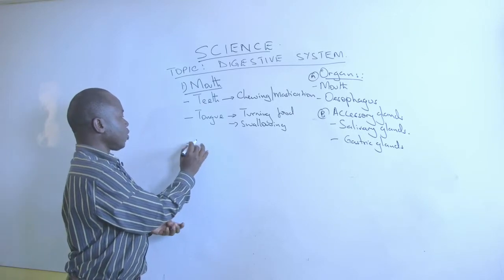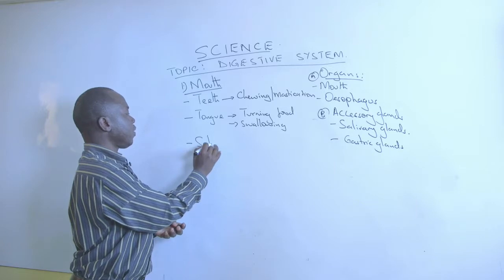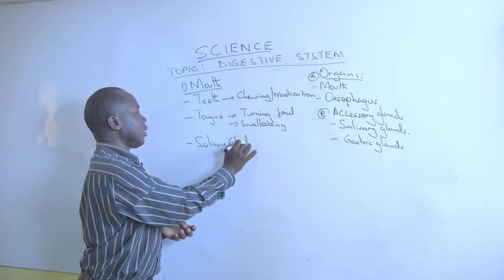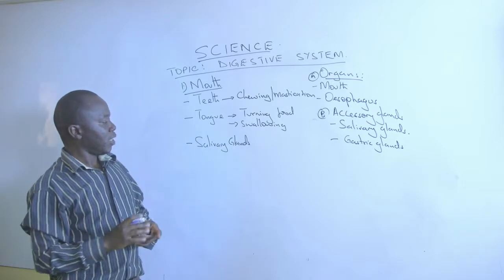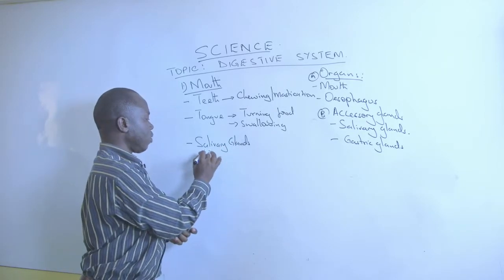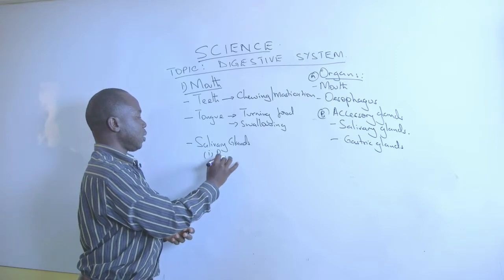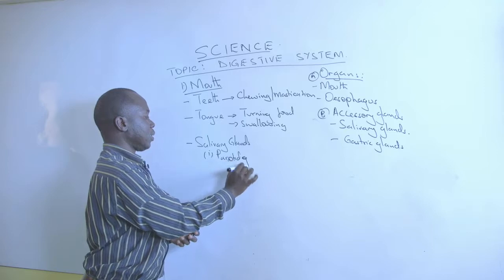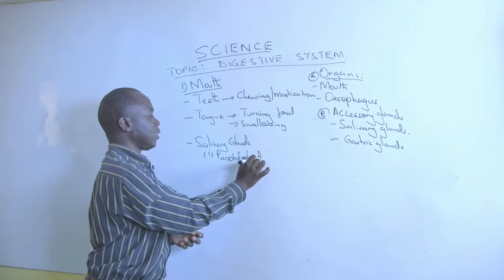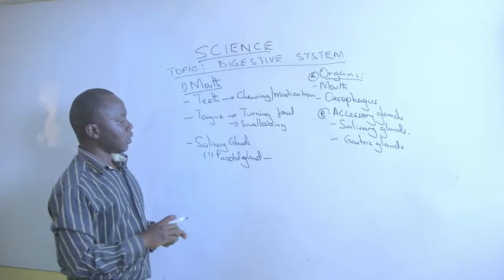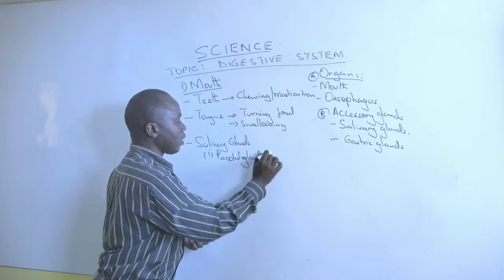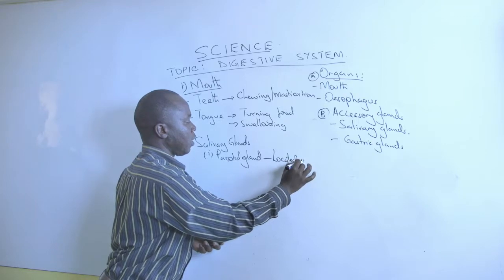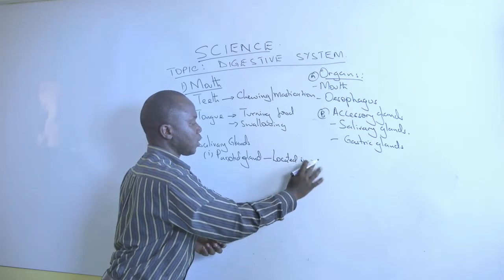In the mouth also, we have mentioned a very important gland, the salivary gland. There are several salivary glands. One of the glands is called the parotid gland. The parotid gland is located in the upper part of the cheeks.